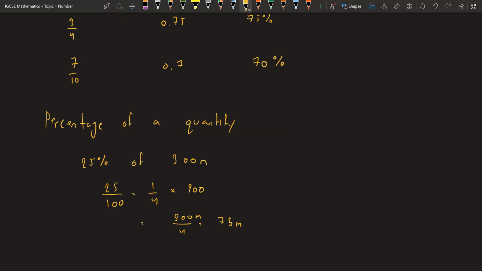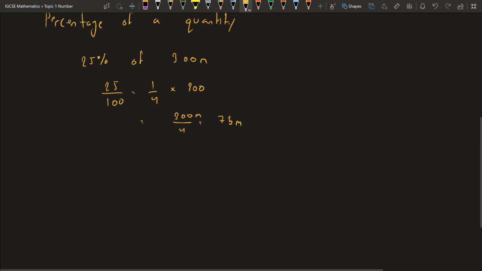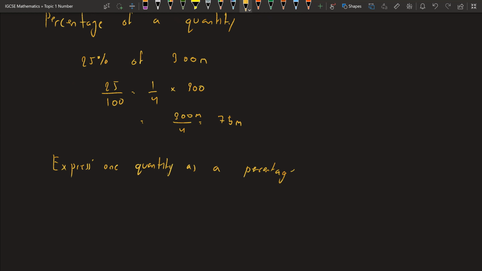So now you can express one quantity as a percentage of another. For example, let's say in an examination, a girl obtains 69 marks out of 75, right?